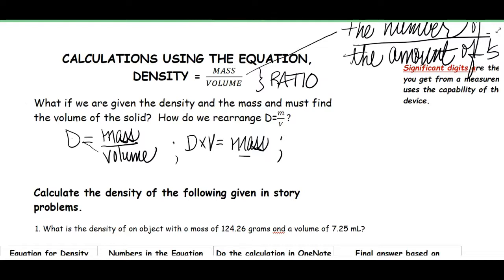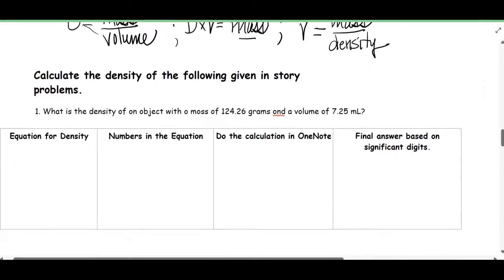If we want to find the mass, all we have to do is multiply the density times the volume. And if we want to find the volume, we take the mass and divide by the density. So that's 3 ways of writing this equation. If you haven't learned that in algebra, that's what you will be learning this year.